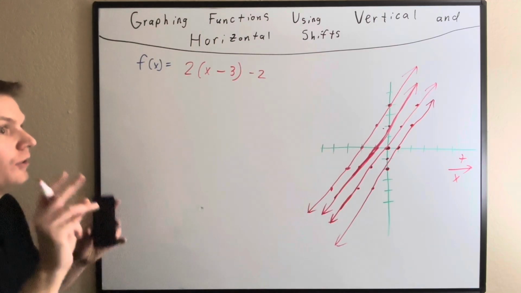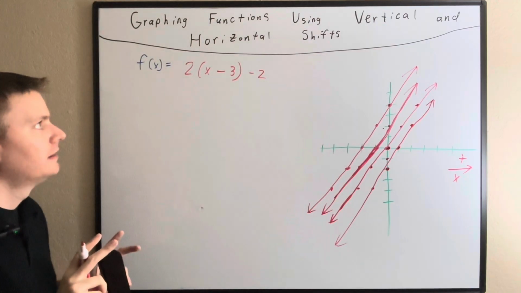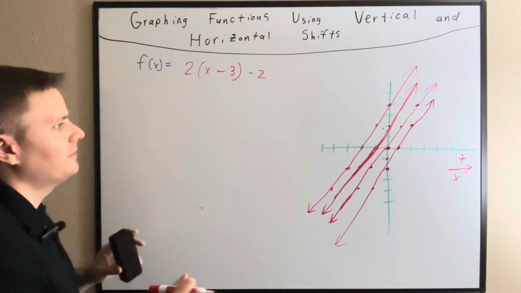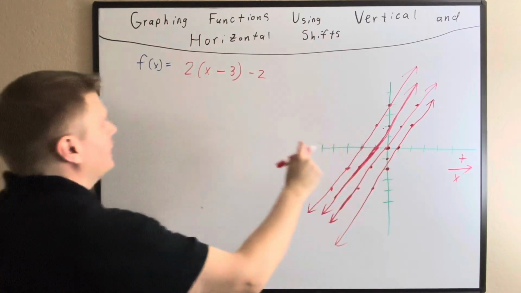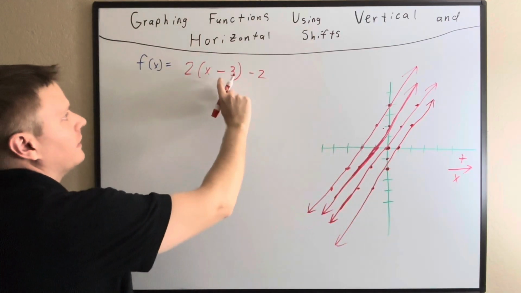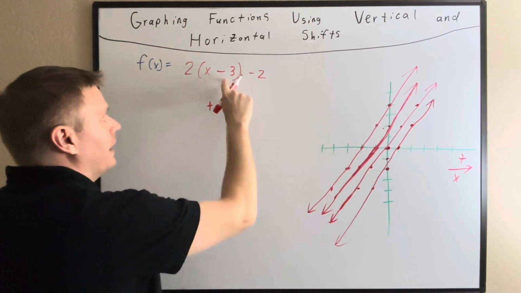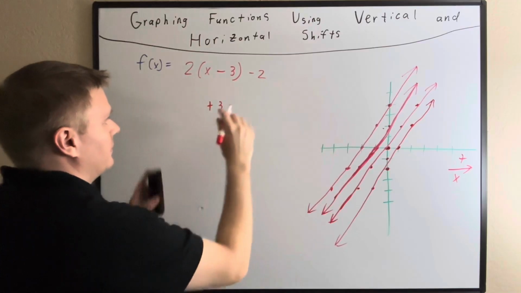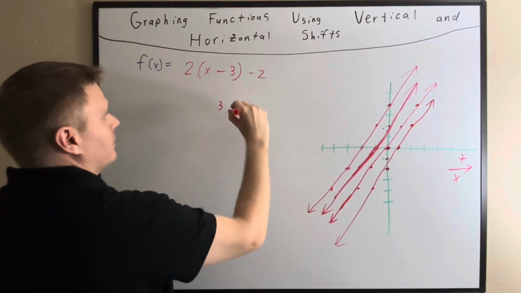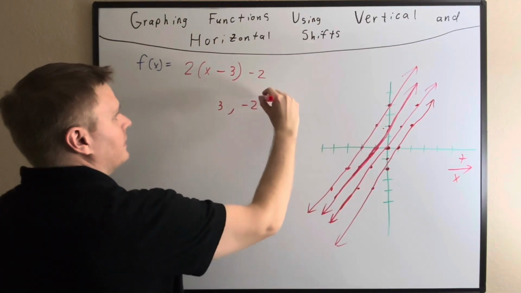Where would your origin point be? Because instead of it being at the origin, it's now at positive 3, right? Because it's the opposite of that, but then it's the same as that.